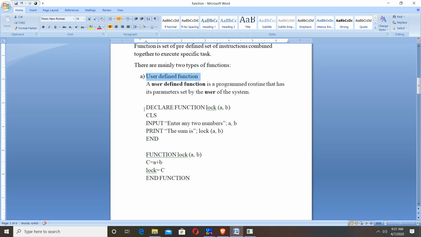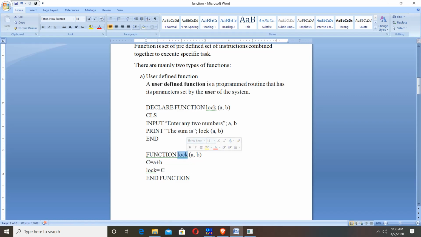We can take one example of a user defined function. In this function, two different numbers are entered. After that, they are added and stored in C, and finally the result is passed from the secondary module to the main module by using the function name. In the last chapter we discussed the function name, and here LOCK is the function name used in this program.